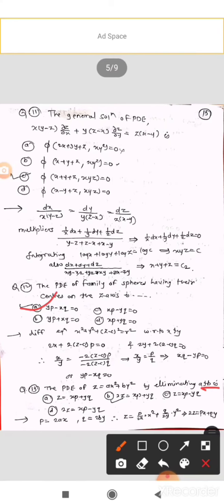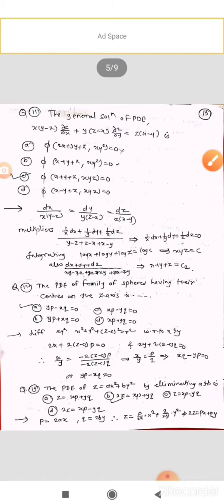Then differentiate with respect to x, we get del z by del x, which is p. p equals twice ax. Del z by del y, q. q equals twice by. Then substitute the values of a and b. What is the value of a? p upon 2x. Value of b, q upon 2y. Then substituting the values, we get the solution. Option B, 2z is equal to xp plus yq.